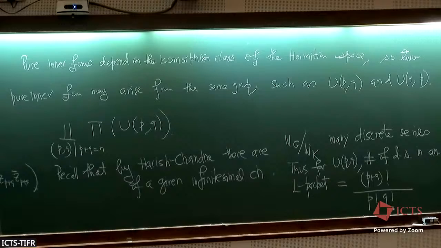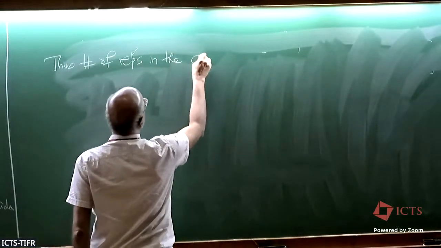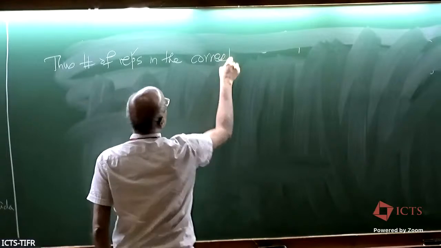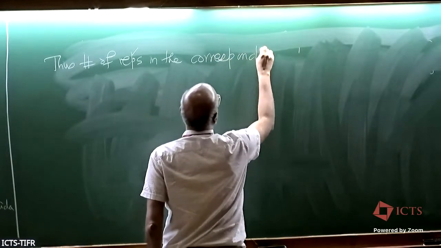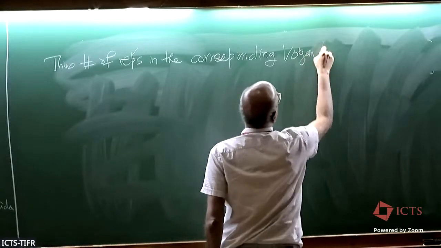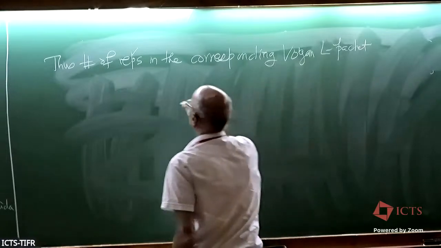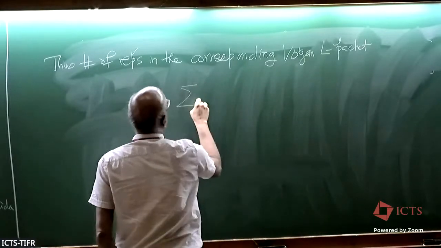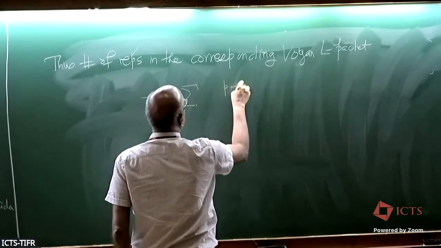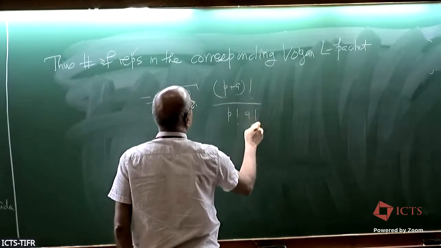Thus, the number of representations in the corresponding Vogan L packet equals the summation of (p plus q) factorial upon p factorial q factorial.